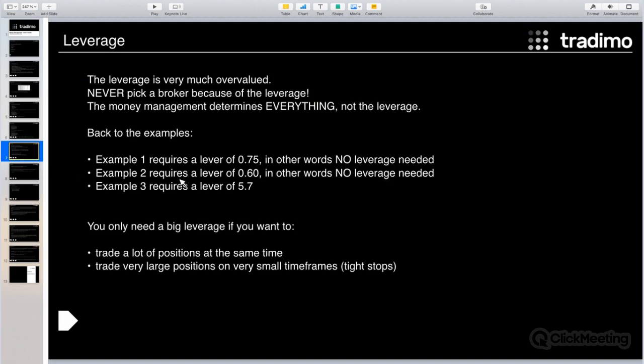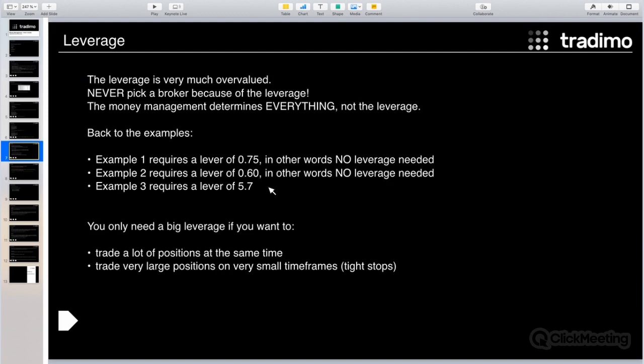Example 1 requires a lever, another word for leverage, of 0.75. Example 2 requires a lever of 0.6. And for the last example, sorry, I said something around 3,700, but it is indeed 5,700, so a little bit more. But far, far away from a leverage of 50, 100, 200, or 400.